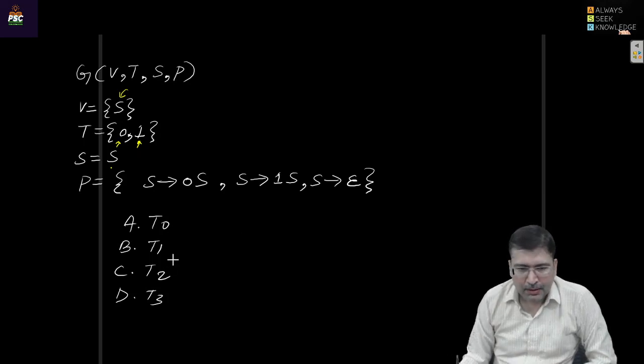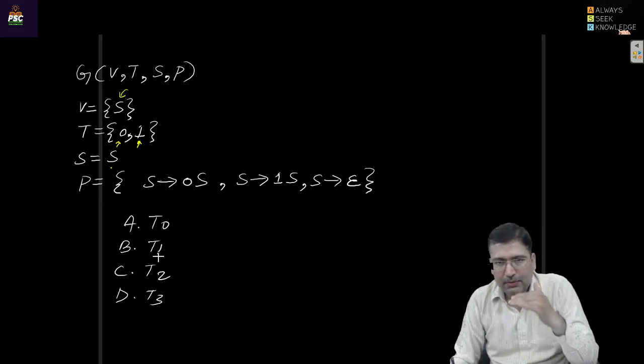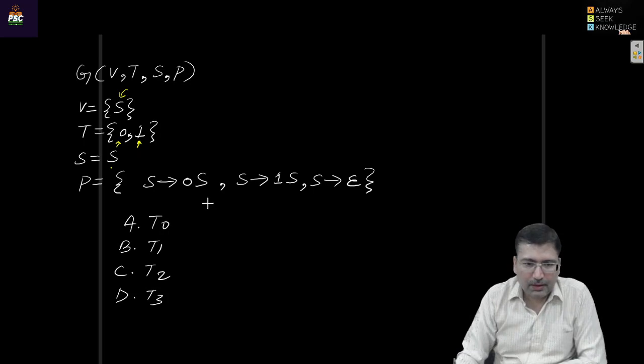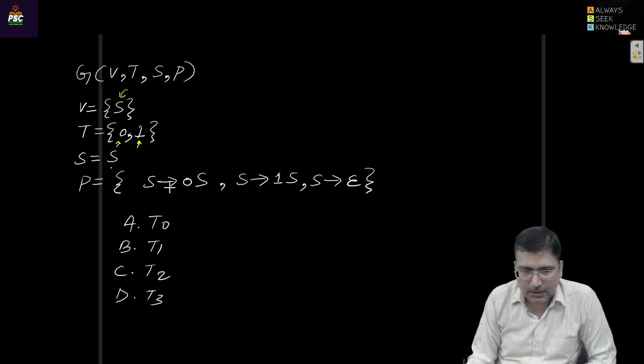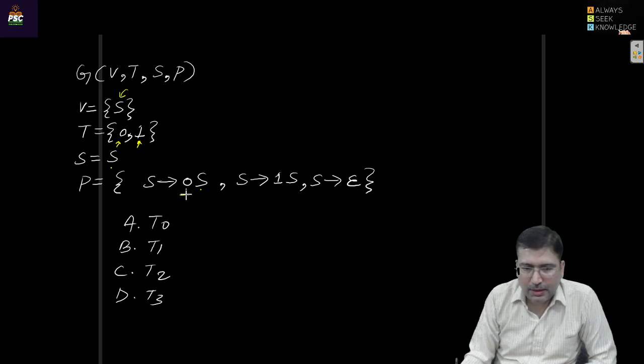I hope you understand the restriction. Again we start checking from type 3, then type 2, and so on. So let's check type 3. In the very first production rule, there is one non-terminal on the left-hand side, which is allowed in regular grammar. On the right-hand side, a terminal is followed by a non-terminal, because 0 is a terminal and S is a non-terminal. That is allowed in type 3, so I can say this production rule is type 3.